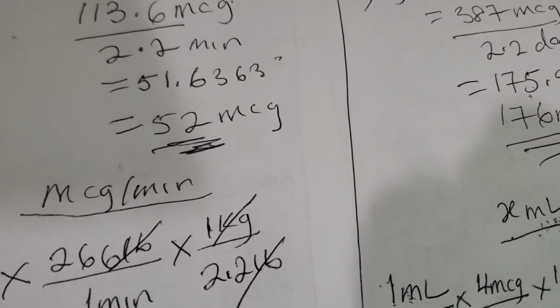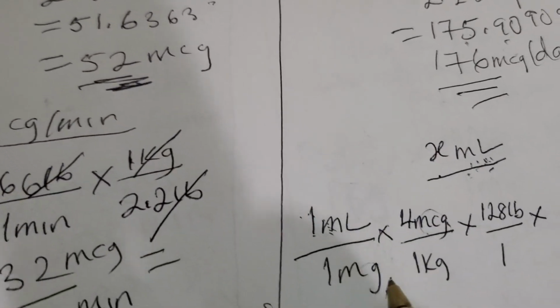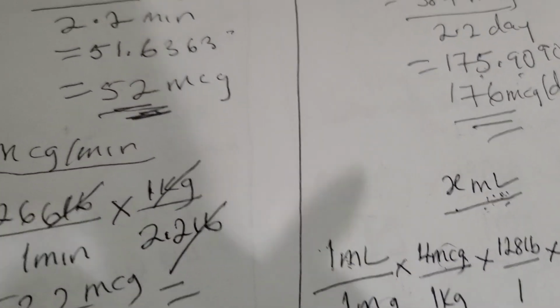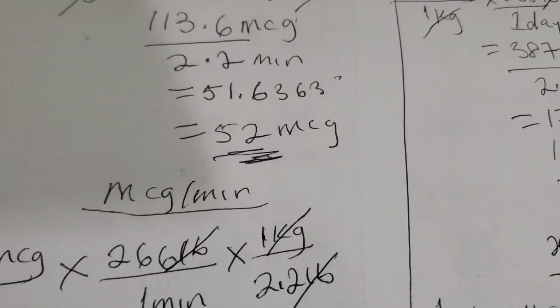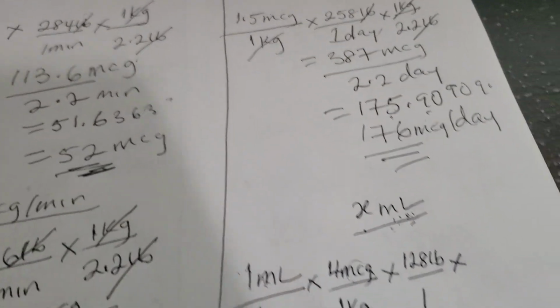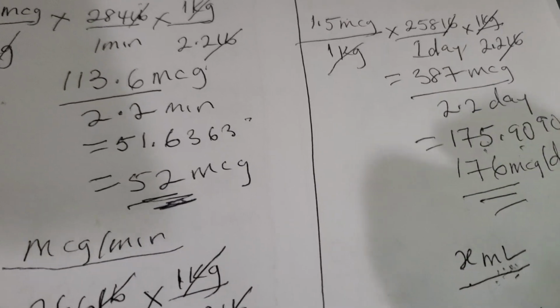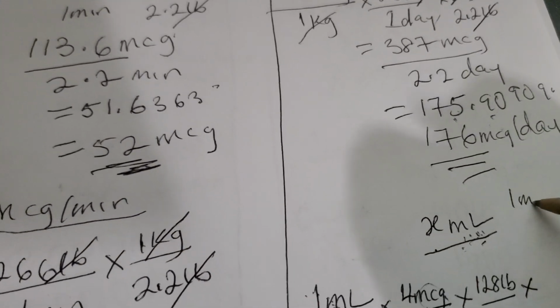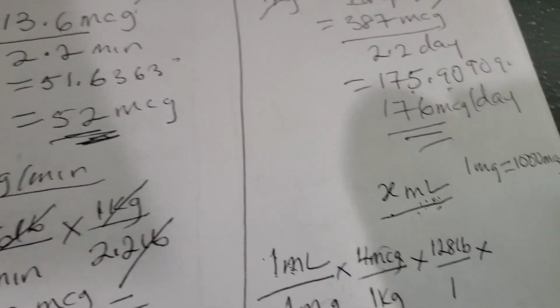All right. So microgram and milligram, they are two separate units of measurement. If we want it to be the same, what do we do? We have to convert it. So 1 milligram is equivalent to 1,000 microgram.